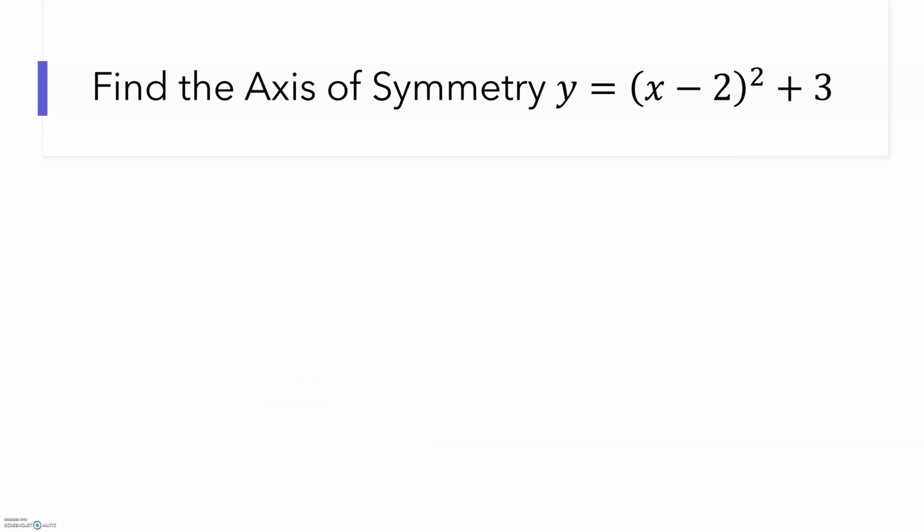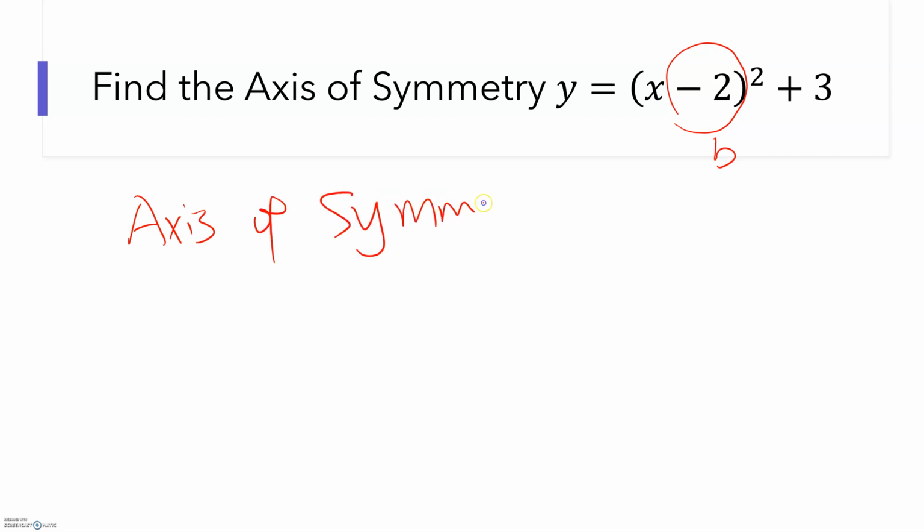Now, if we want to find the axis of symmetry for this equation, y equals (x - 2)² + 3, it is fairly straightforward. Remember, when we have the complete the square form, we just need to find the b value, which in this case is -2. So the axis of symmetry would be x equals -b, and we know b is -2.